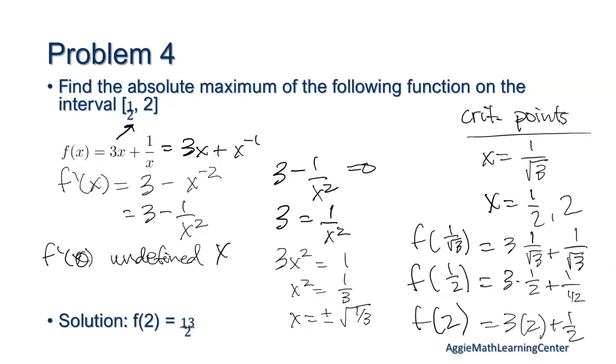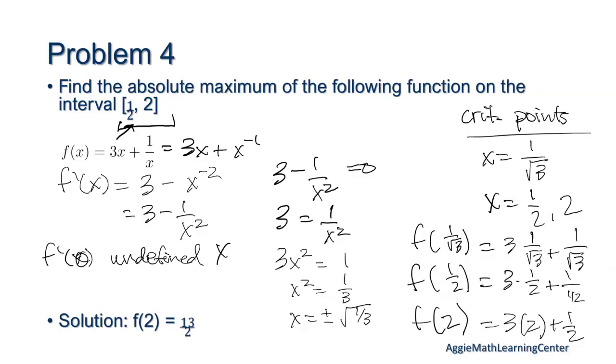Yeah. Would you not use 0 as a critical point and solve that as well? Okay. Why do you say 0 is a critical point? Because I thought we said it was undefined. Right. So the derivative is undefined at 0, but notice that we're only concerned with the maximum in this interval.